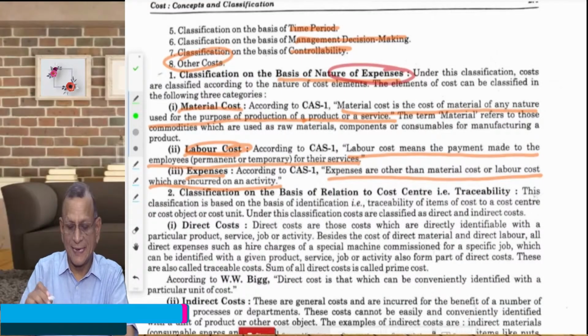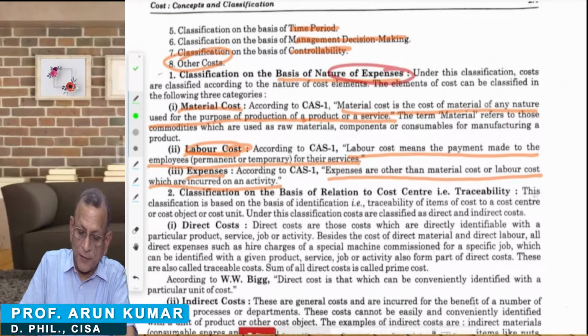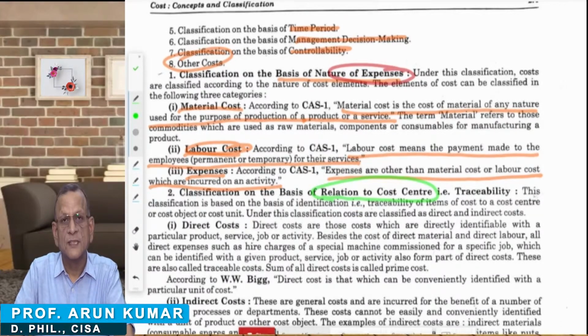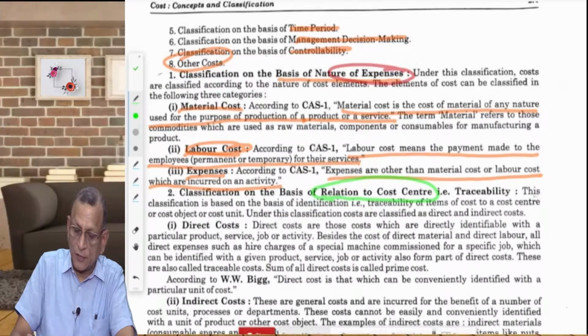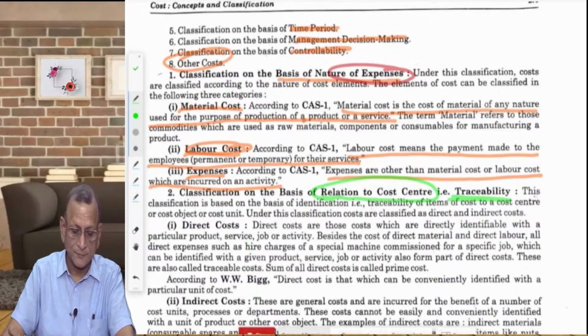Then the second classification is on the basis of relation to cost center. Cost center we have already understood: the department, the process, the individual, where we can attribute a cost, where we can trace a cost. So it is on the basis of traceability.